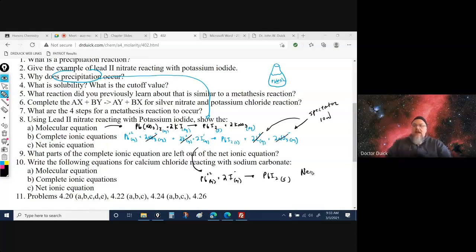And this is my net equation. This is the complete ionic. It's a solid, and therefore it does not break apart in solution. It sticks together. The only time you do the aqueous thing is when it comes apart in solution, they're separated. He won't separate. It's a solid.